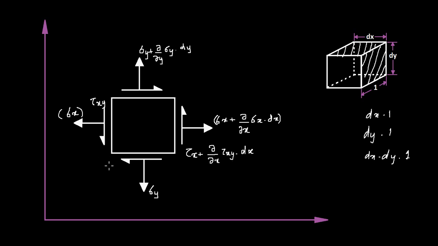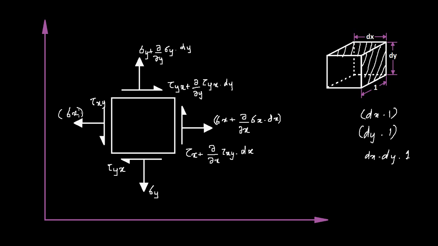And similarly you have a tau yx here, and therefore you will have a tau yx plus a rate of change of tau yx times dy acting on this plane, which again is dx times 1. The area of the plane is dx times 1 and dy times 1.